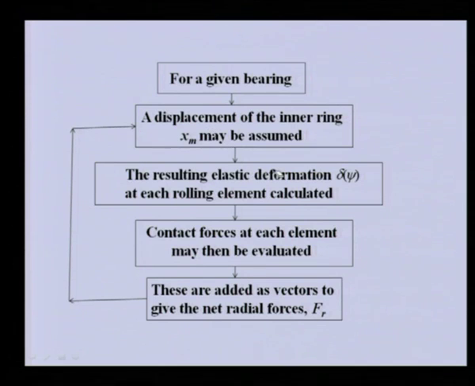From that, we can get various displacements at various ball locations, and from there we can get the contact forces, because once we know this deformation, we can use Hertzian contact relations to get the contact forces, and these contact forces we can add up, take the component of that in the radial direction and check whether that is equal to the external load or not.